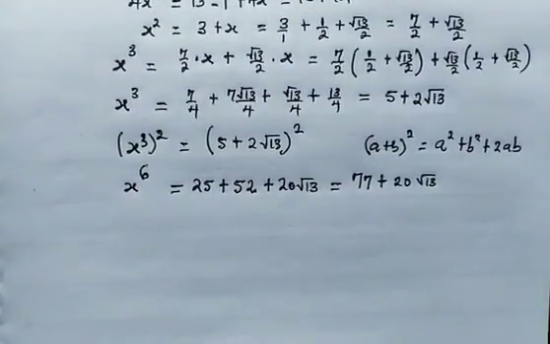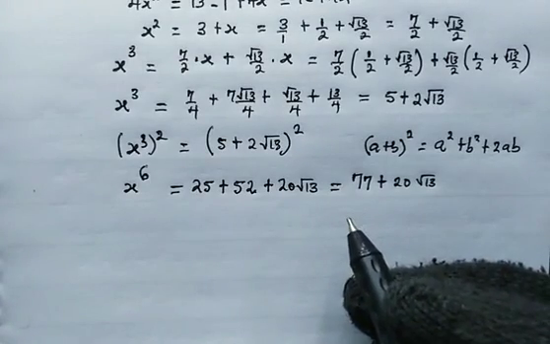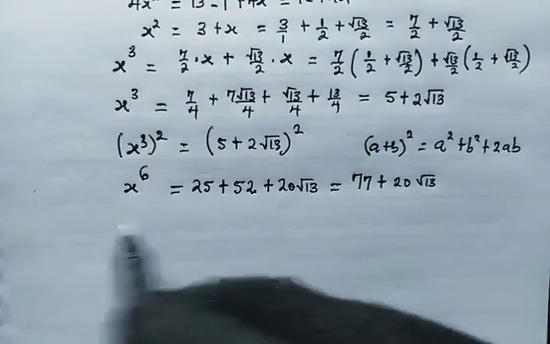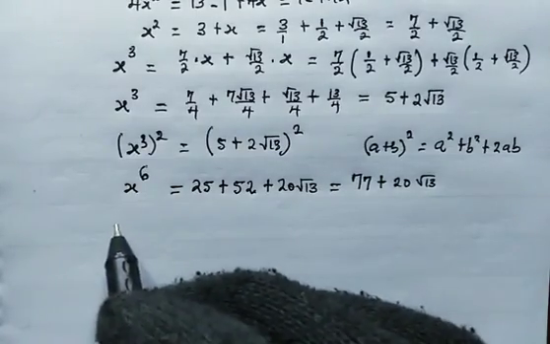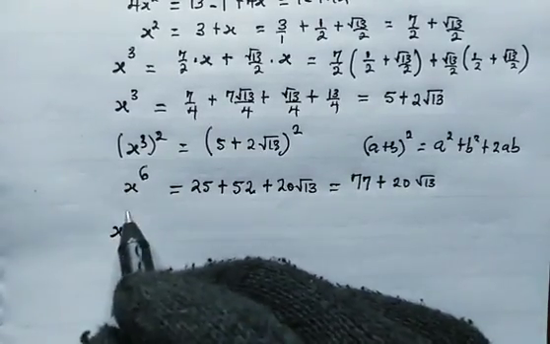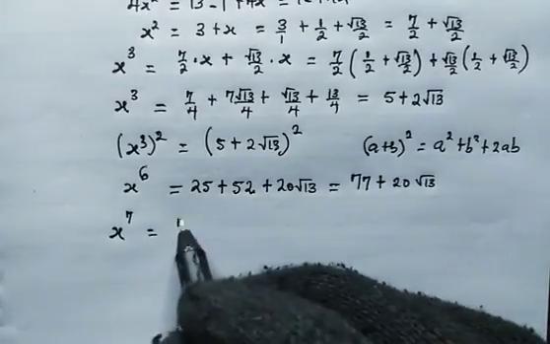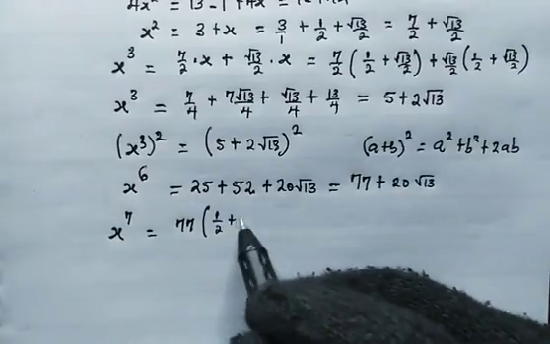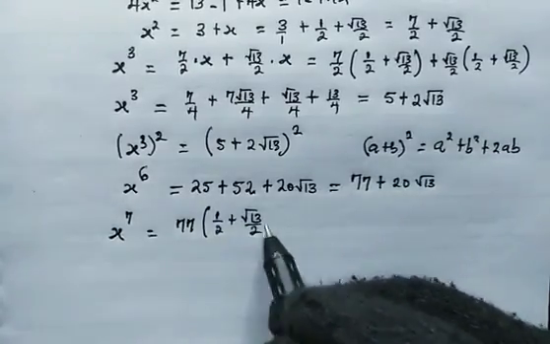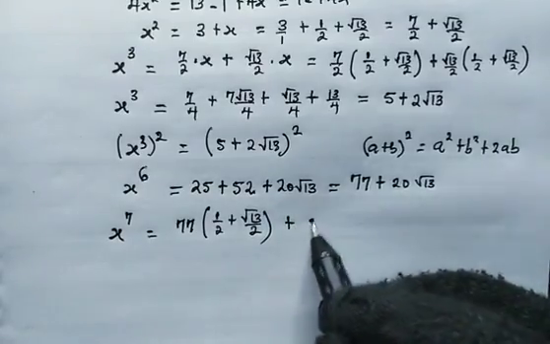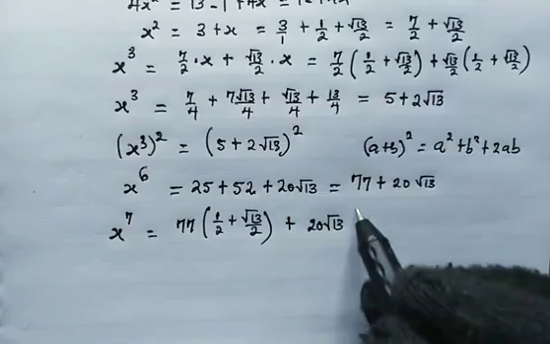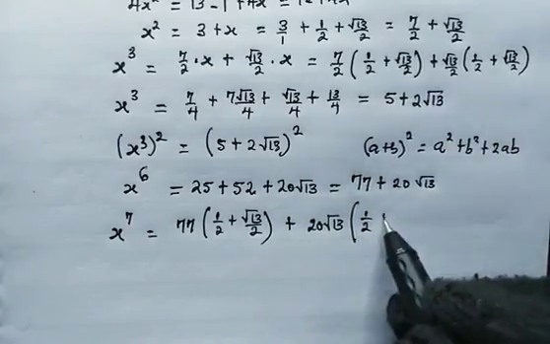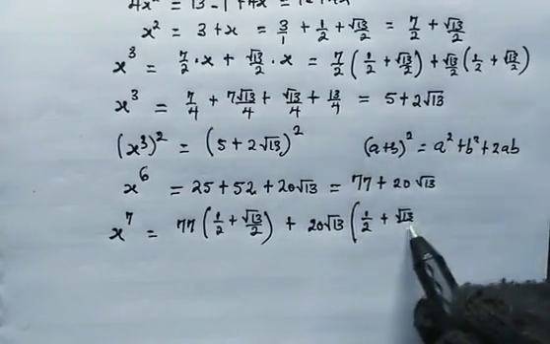So how do we get the 7th power, which is our task? Let's go ahead and multiply both sides by x. So when we do that, we get x to the power of 7 equals 77 times x. Remember, x equals 1 over 2 plus root of 13 over 2. Then plus 20 root of 13 in brackets 1 over 2 plus root of 13 over 2.